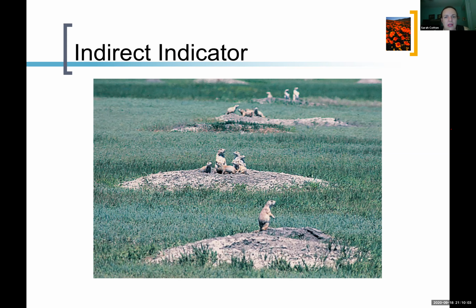Well, one way of doing it is if you have some idea of how many prairie dogs typically live in a burrow, right? So we know that prairie dog families are typically 6 individuals. I'm making that up. Okay. One really quick way of estimating the population size through this method of indirect indicators is by counting their burrows, right?